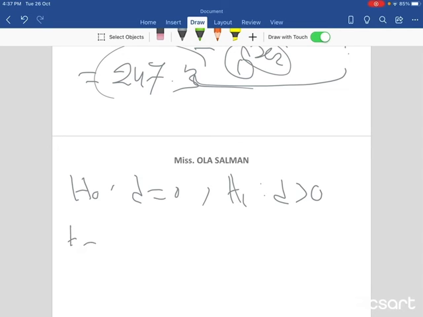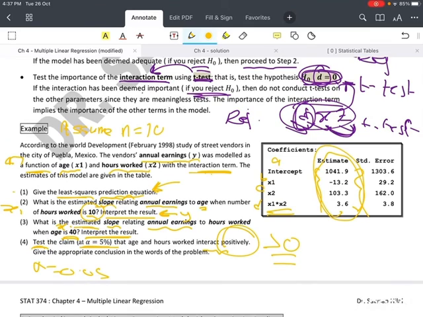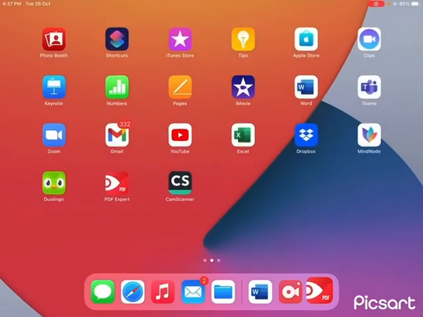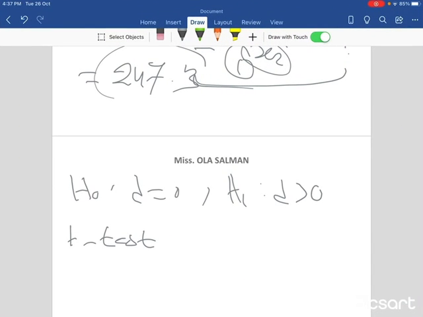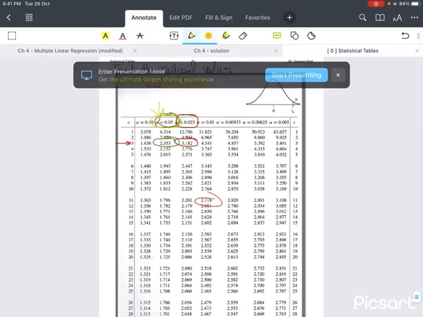So it is a t test. You will go to the output. You cannot find the t test directly, so you will take the estimate over the standard error. For d, you will take d hat over the SE of d hat. It will be 3.6 over 3.8, which is 0.947.